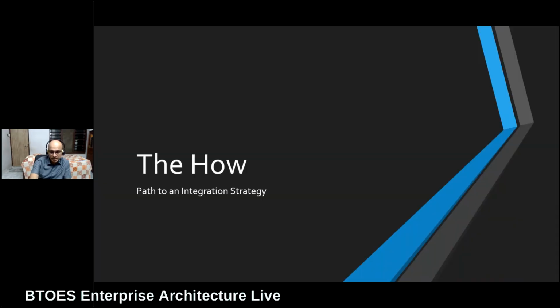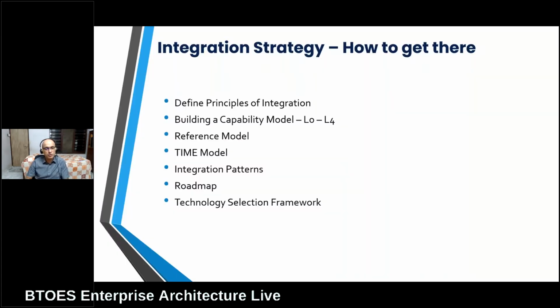So this actually brings us to, I spoke about the what and the why, but now what's most important is the how, right? So here is where I'm going to talk you through, from an enterprise architect standpoint, how you get there.